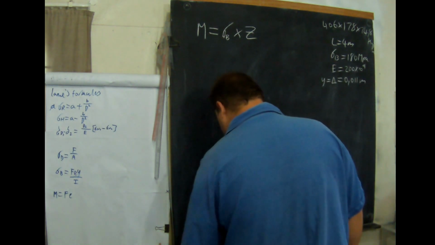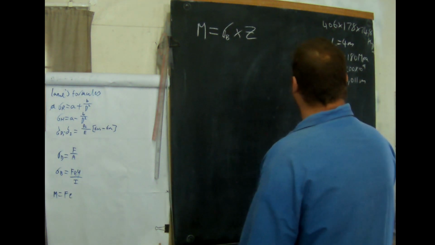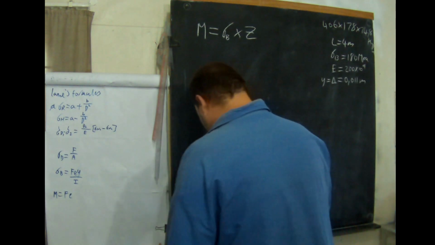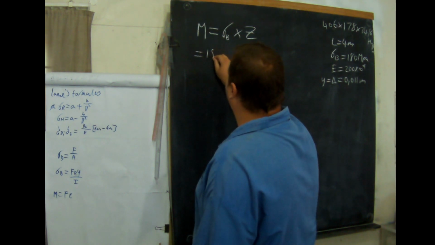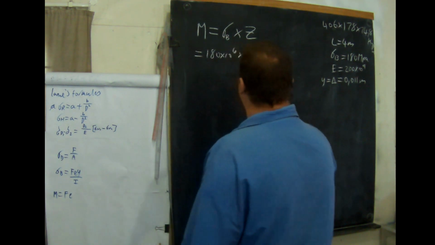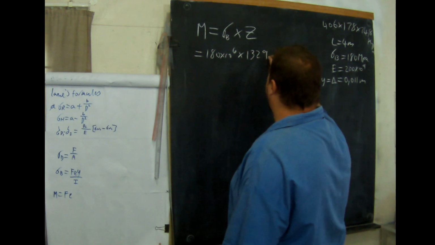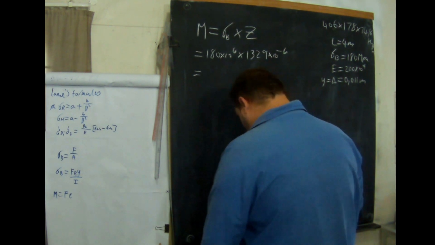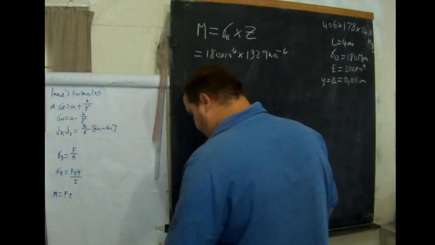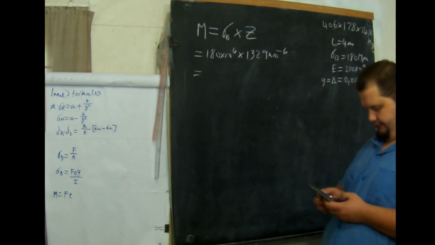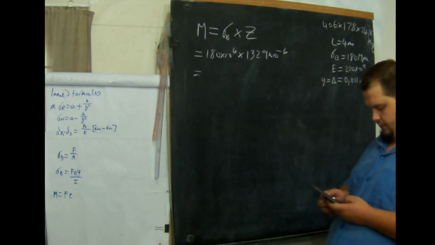Okay, first they want the maximum distributed load. So how we get this is by this. First we do M. So we need 180 times 10 to the 6 times 1329 times 10 to the minus 6, which is equal to, now let's put this in our calculator, 180 times 10 to the 6 times 1329 times 10 to the minus 6.